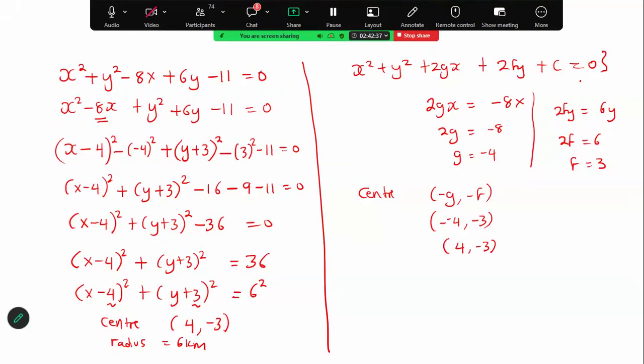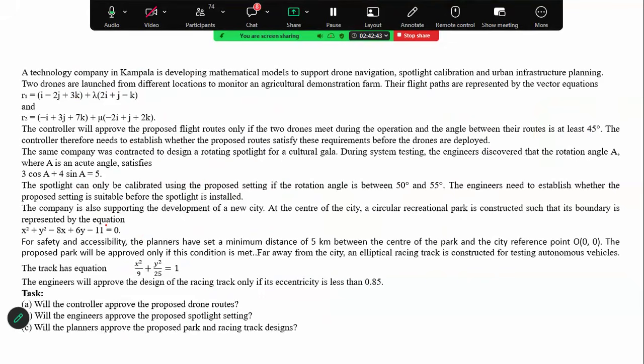Then from there, remember the question told us that for safety and accessibility, the planners have set a minimum distance of 5 kilometers between the center of the park and the city reference point 0, 0. So in other words, you are finding the distance between the center and 0, 0.